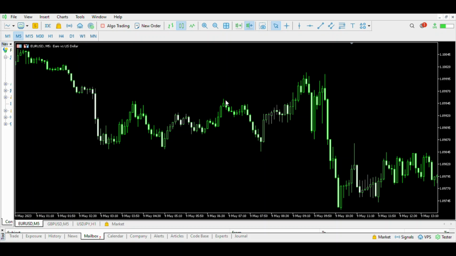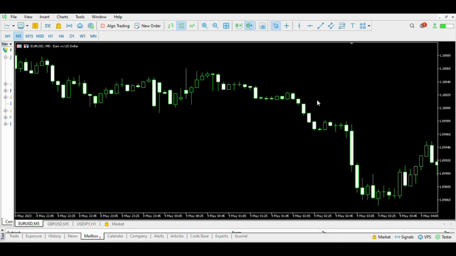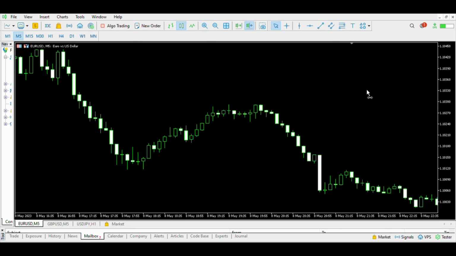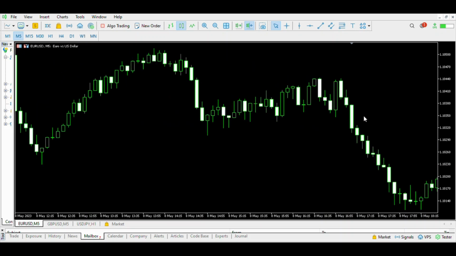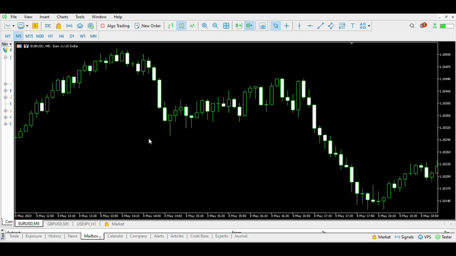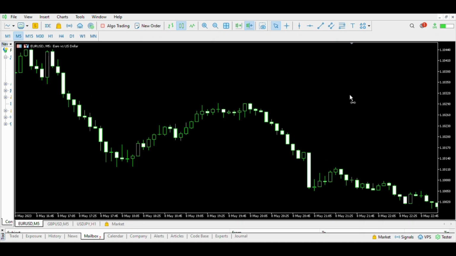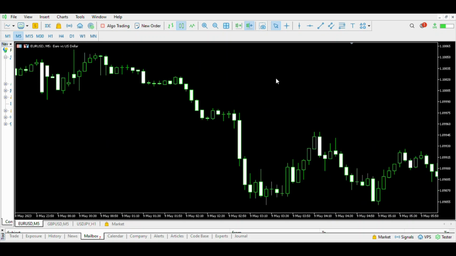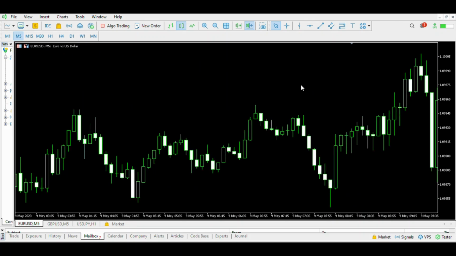So that's a trend, all right? What I saw was what I believe was a break in this trend. Let's just zoom in again so you can see this clearly. That's where we are in price.